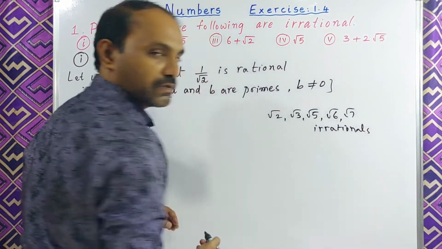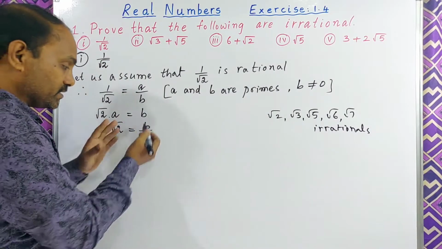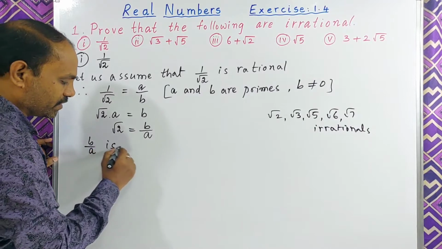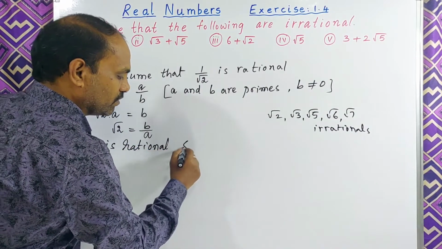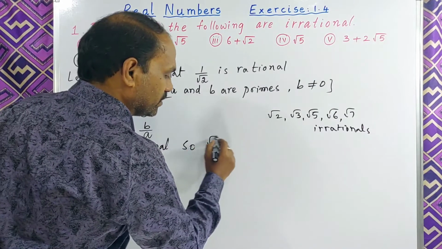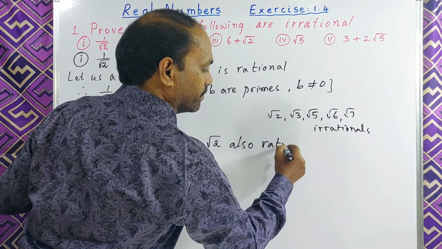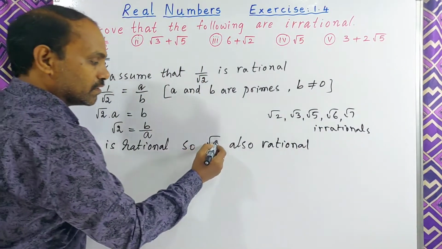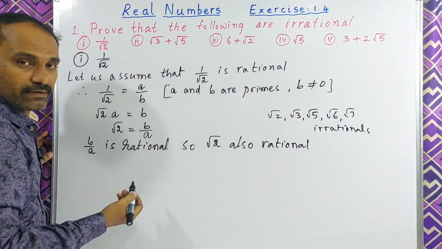Okay, that's why here root 2 becomes b by a, which is a rational number. So root 2 is also rational. But root 2 is not rational, it is irrational.